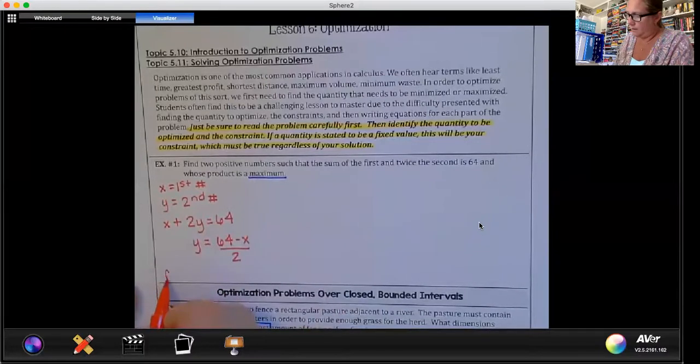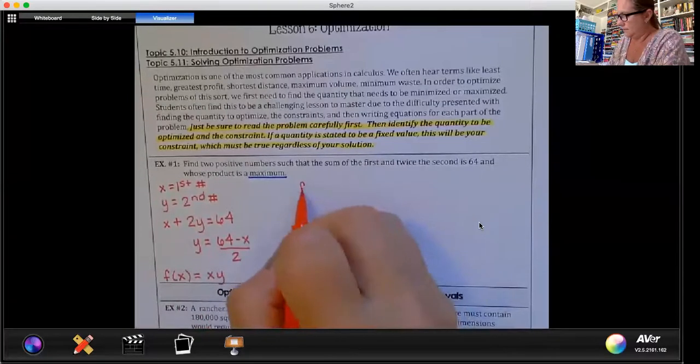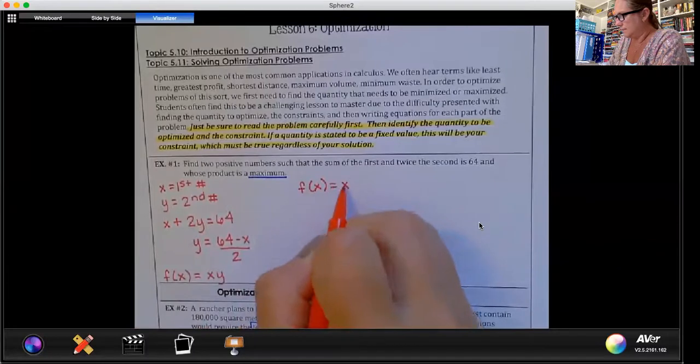And we want our product to be maximized. So f of x equals x times the value of y.